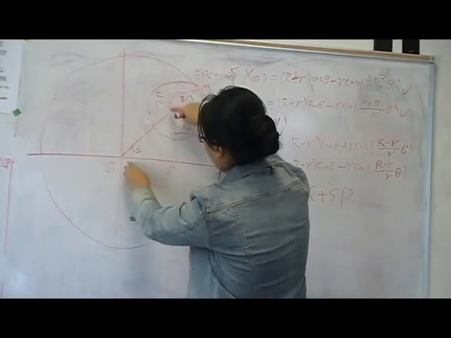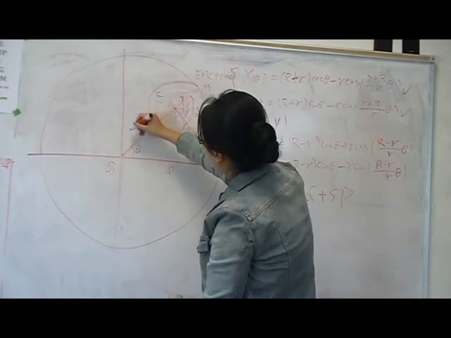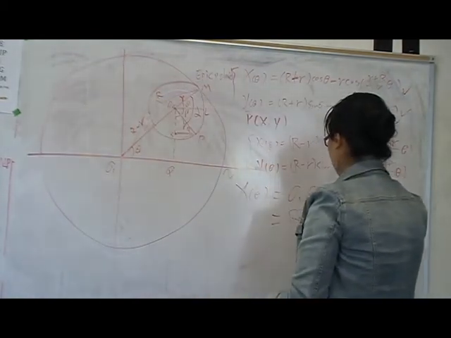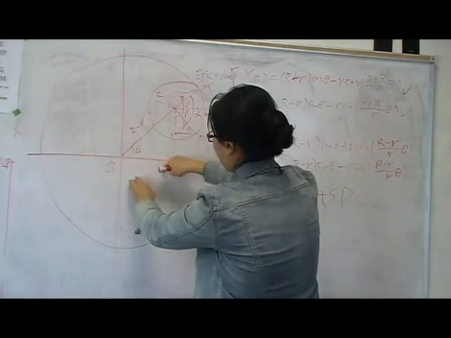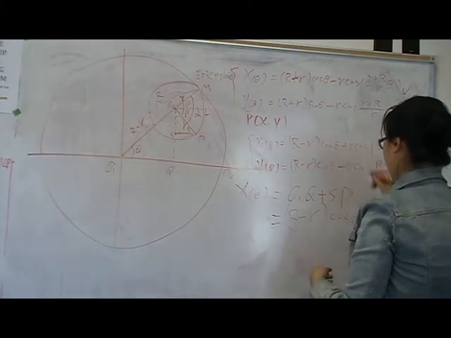So O1O2, in this case, is big R minus small r. So big R minus small r times, in this case, cosine theta. So we got this part.